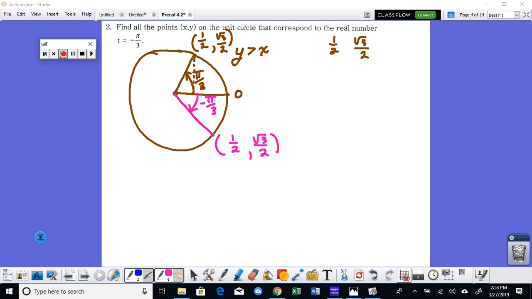And in the fourth quadrant, is the x positive or negative? And the y? So it's a positive 1/2, negative square root of 3 over 2. That's all you have to do, Kelly? Yes.